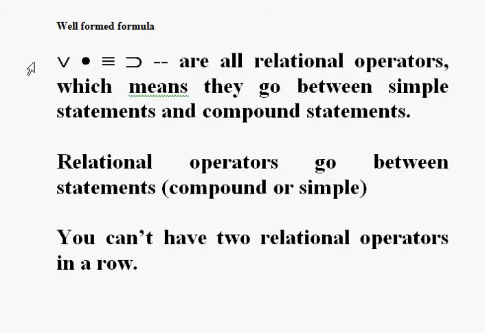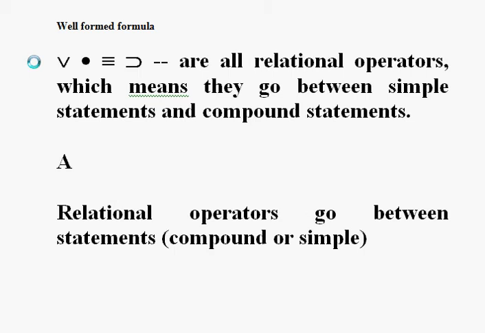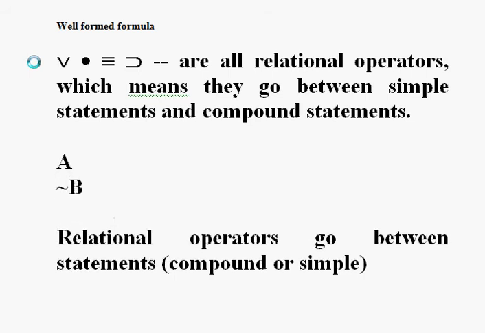And so you need to have parentheses, brackets, other things to set up a hierarchy. Relational operators go between statements, simple statements or compound statements. A simple statement is something like just the letter A. A compound statement can be like tilde B, or B wedge C.